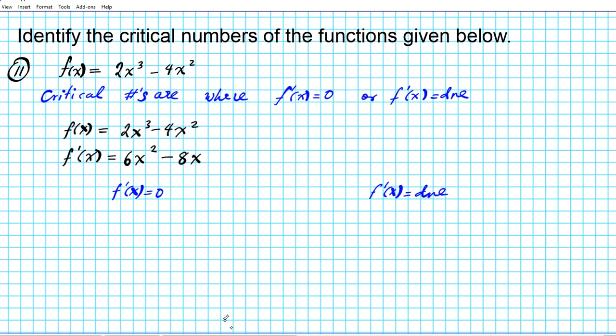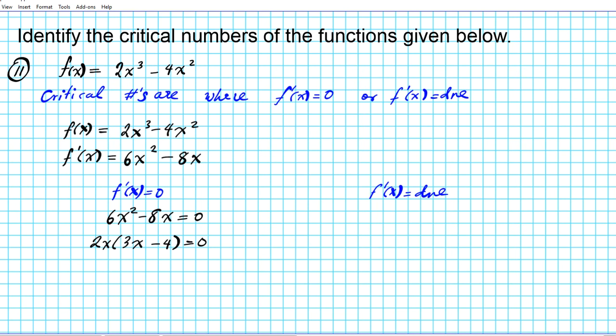Whenever you want to find where the derivative is equal to 0, you take the numerator, that is the function, so 6x squared minus 8x equals 0. Let's solve this quadratic equation. We can factor out 2x, and you have 3x minus 4.